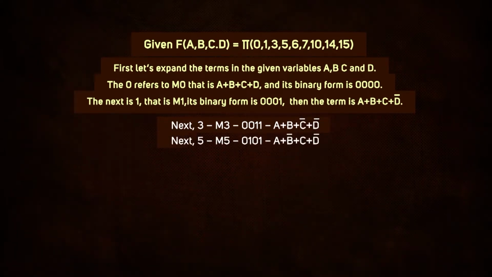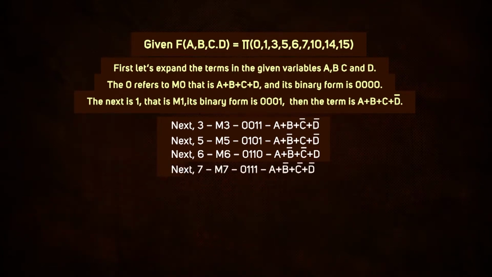Next 5, m5, 0, 1, 0, 1. That is a plus b complement plus c plus d complement. Then 6, that is m6. So, the binary 0, 1, 1, 0 and the term is a plus b complement plus c complement plus d. The next is 7, we write m7, that is 0, 1, 1, 1. And the corresponding max term is a plus b complement plus c complement plus d complement.